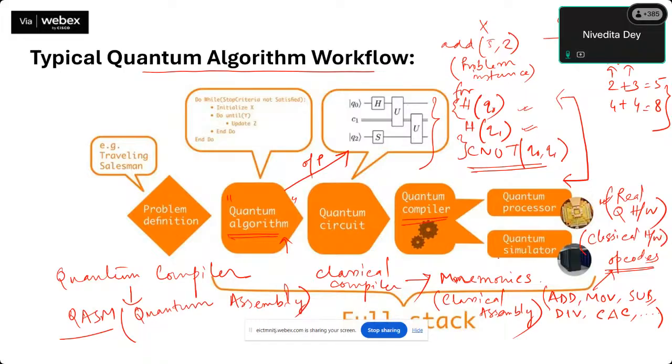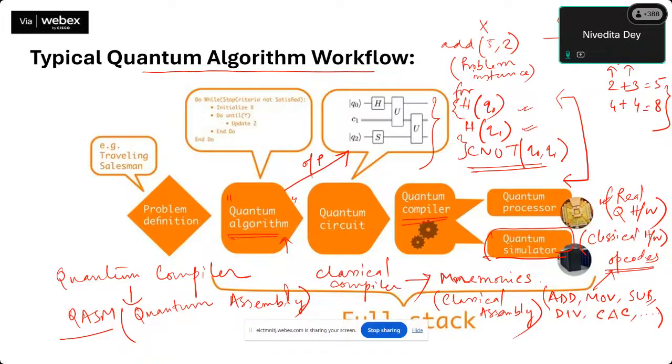Remember, a quantum simulator is something that simulates the quantum nature on a classical machine. But quantum simulation are those genre of algorithms built so that a quantum machine can simulate the behavior of natural phenomena. Both are very, very different. Okay.